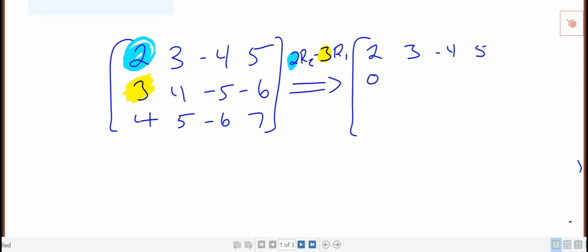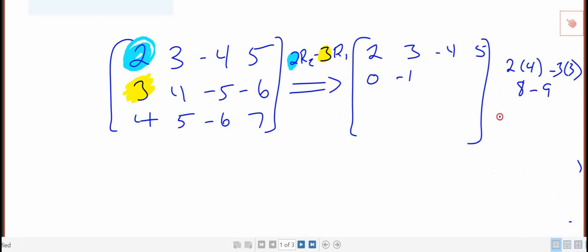Now, it's easy to make mistakes. Don't always do all of this stuff in your head, and that's where I screw things up a lot, right? So maybe I want to take a moment, do 2 times 4 minus 3 times 3. That's going to be 8 minus 9, so that's going to be a negative 1.